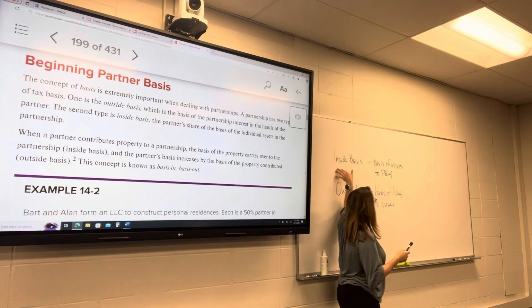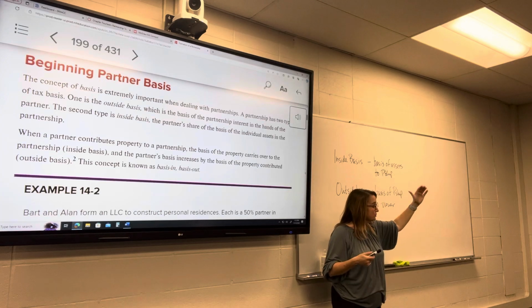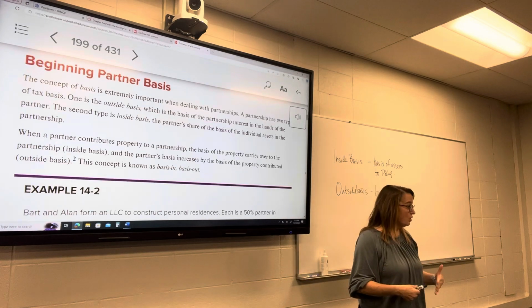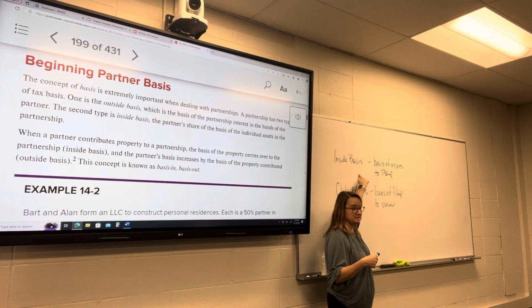all of those assets in the inside basis will fluctuate based on additions to them and will diminish based on depreciation, okay? And any gains and losses on the disposition of those assets will be based on the inside basis to the partnership.